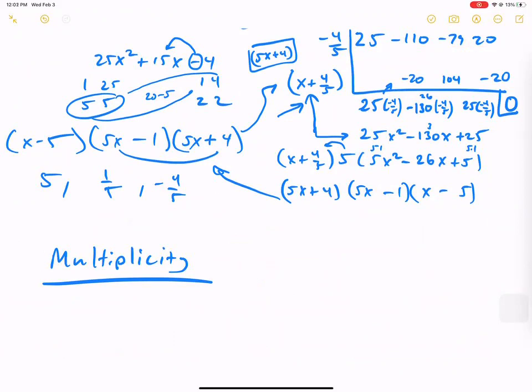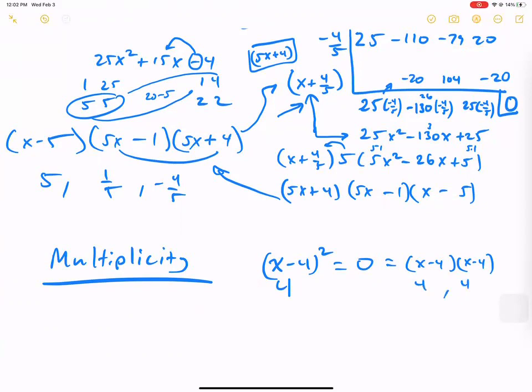Now, let me give you an example. If I write x minus 4 squared, what numbers will make this go to 0? The number is 4, right? 4 minus 4 is 0, but it really happens twice. 4 and 4.